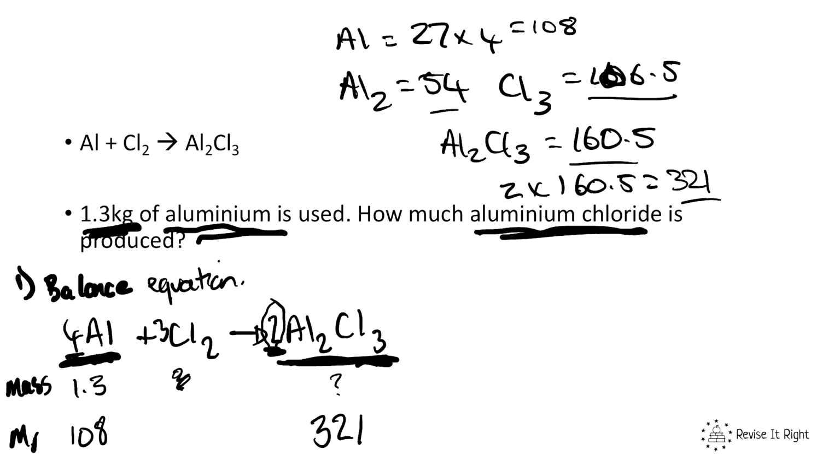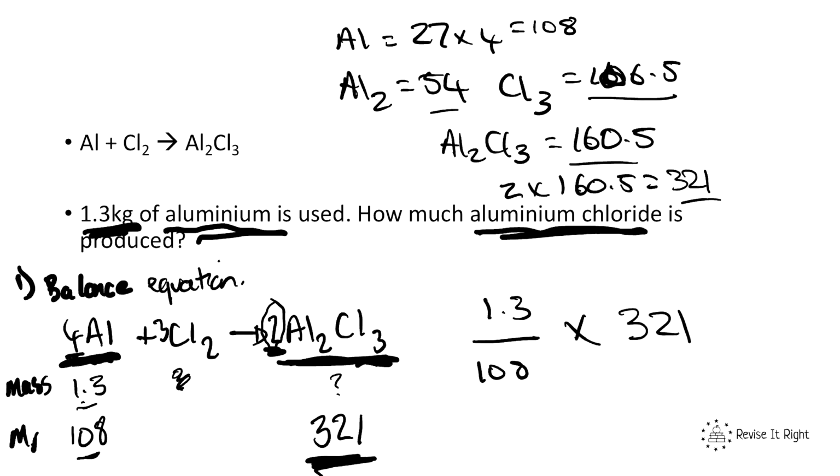Then you'll remember, this is the easy bit, but you do have to follow along. Make sure you get it right. The mass of the one you know, so 1.3 divided by its MR, 108, times by the MR of the one you're trying to work out the mass for. So 321. And all you have to do is put that in a calculator and it will give you your answer.